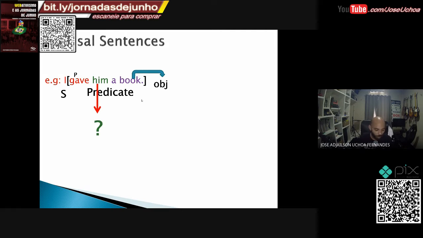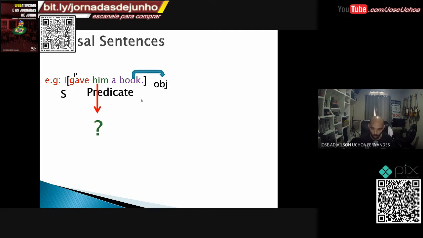Place, space, a positioning, a direction. Okay. So when I give something, I act over this something, and I also act over the person that's going to receive that something. This person is the direction of my action.